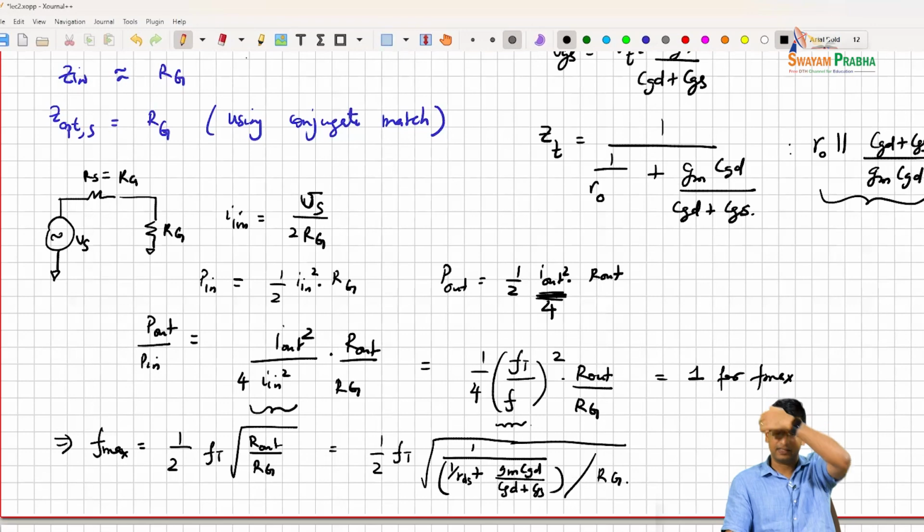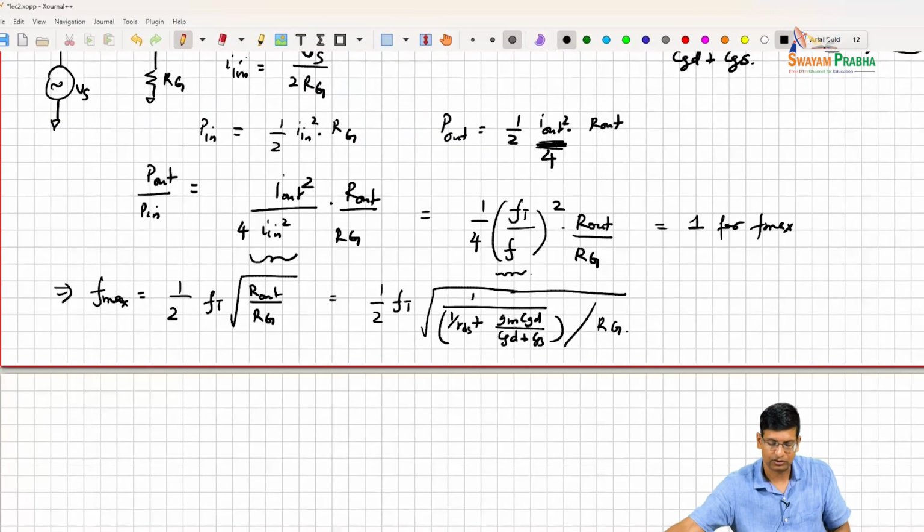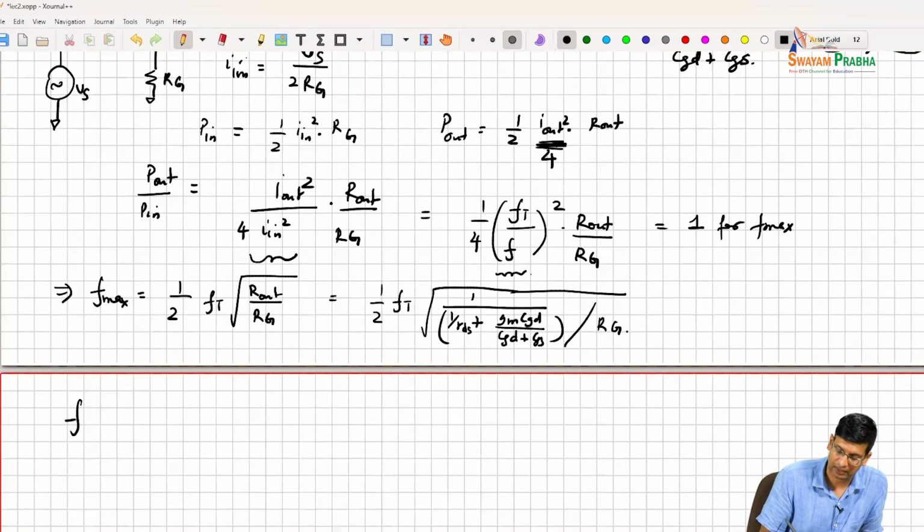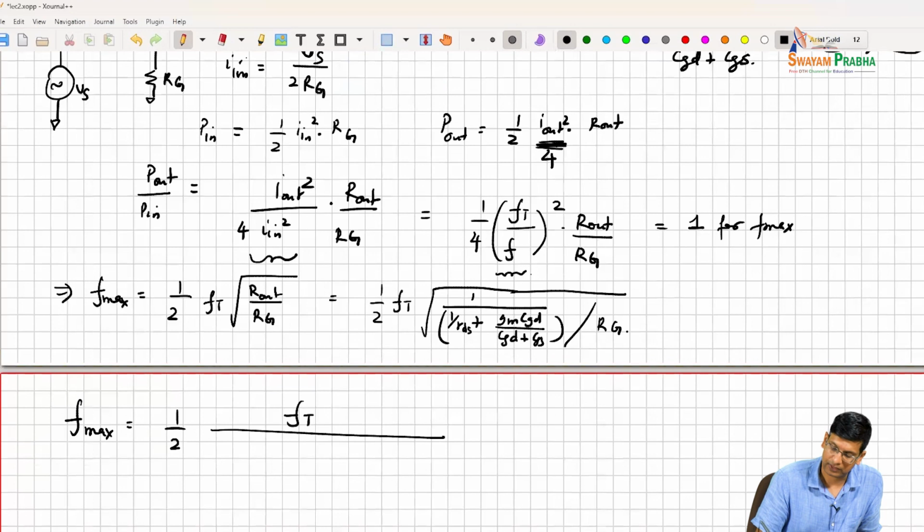So you get this expression which you can further simplify to Fmax is Ft divided by 2 times the square root of 2 pi Ft CGD RG plus RG divided by RDS.